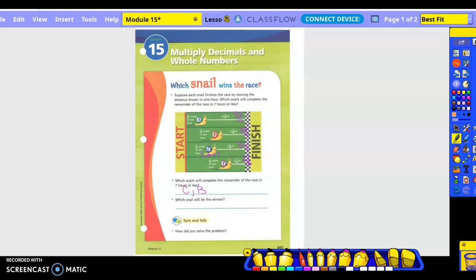Which snail will be the winner? Which one would have been quicker? We know A and D weren't even a choice, so it's between C and B, right? And this one, which one was it? B or C would have been quicker? C. Sorry. Yeah. So snail C.